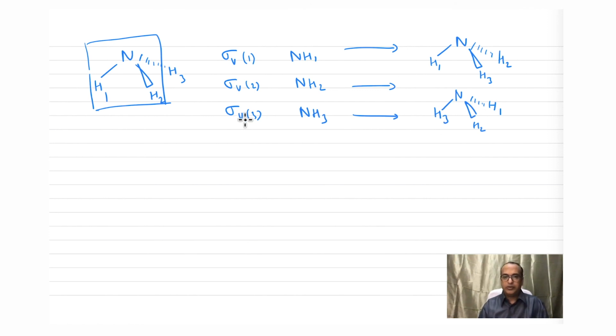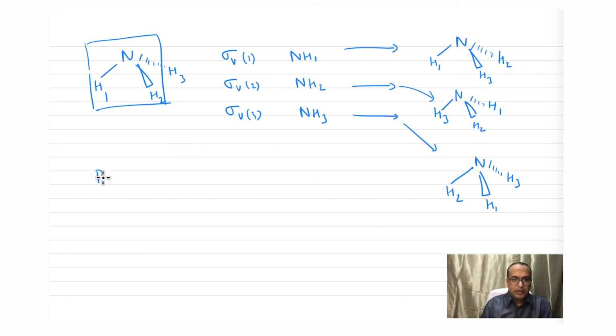You can think for yourself for this one. And for NH3, H3 will not be reflected, whereas H2 and H1 will be reflected. So this should be very simple and straightforward to see.